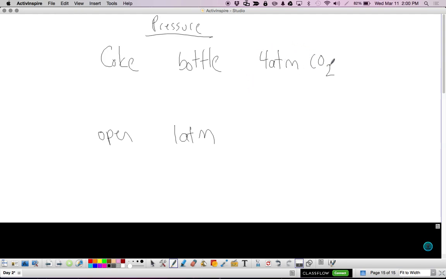So the partial pressure of carbon dioxide will decrease even more. This means that the carbon dioxide that was dissolved in the soda will escape, and that's what that bubbling is. So this is just an example of how pressure affects the solubility of gas. And that's all we got for today.